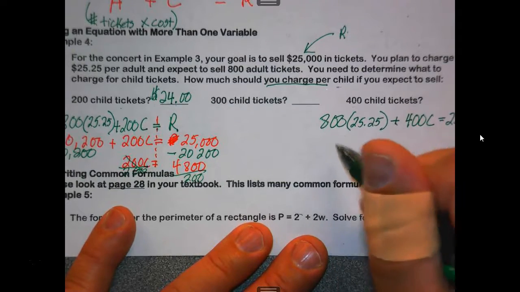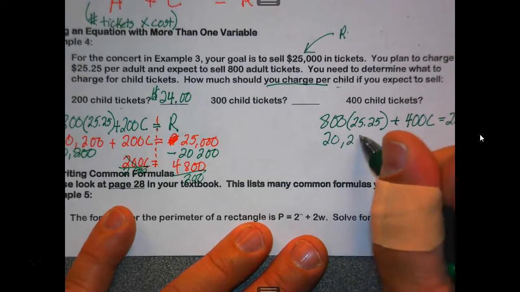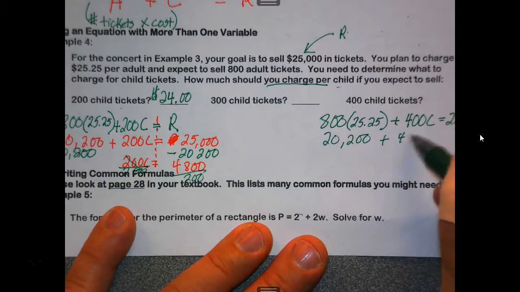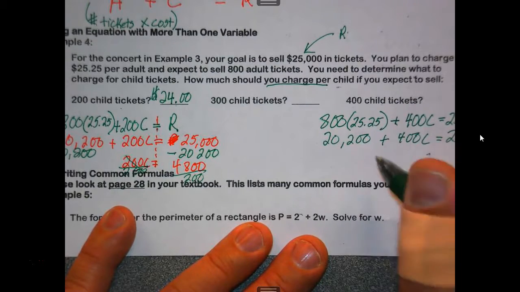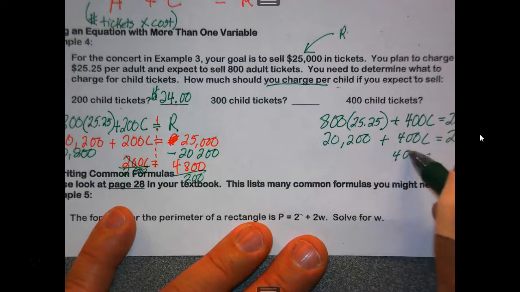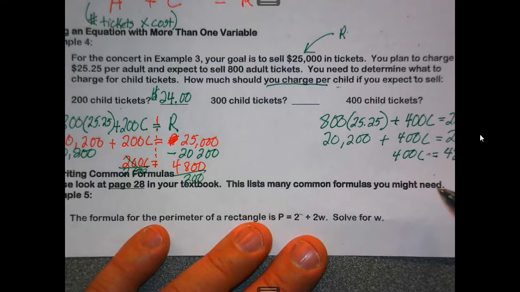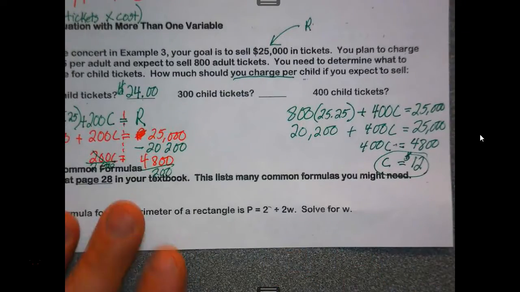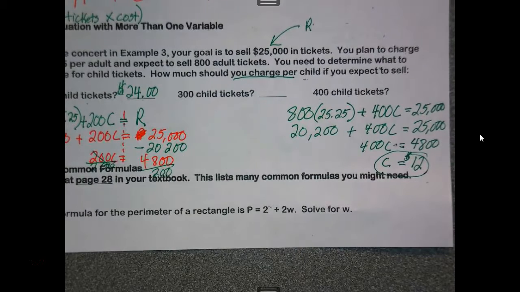Let's see, this was 20,200 plus 400C equals 25,000. Subtract 20,200, so I'm going to get 400C equals 4,800. And divide both sides by 400. 48 divided by 4 is 12. Okay.